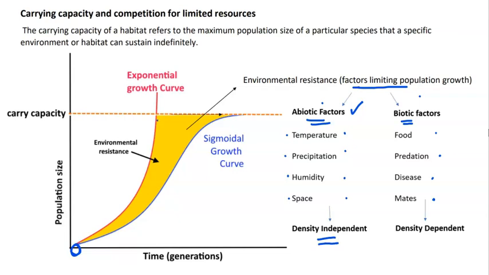And the difference between the two is called environmental resistance. So the difference, and it's a decreasing, factors are decreasing the population size, and if we go looking for what are the environmental resistant factors for a particular population, we would need to determine whether they were abiotic or biotic factors affecting our population.